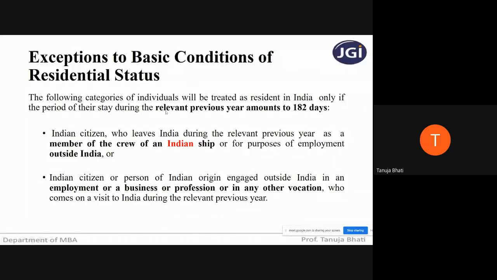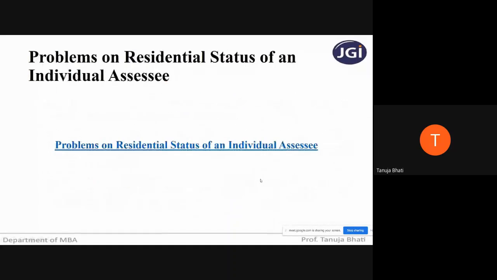That one parameter is that his stay during the relevant previous year should amount to at least 182 days. When I say at least 182 days, it means 182 days or more. So now we have finished a quick revision of how to determine the residential status of an individual. Now we'll have a look at the sums or problems.